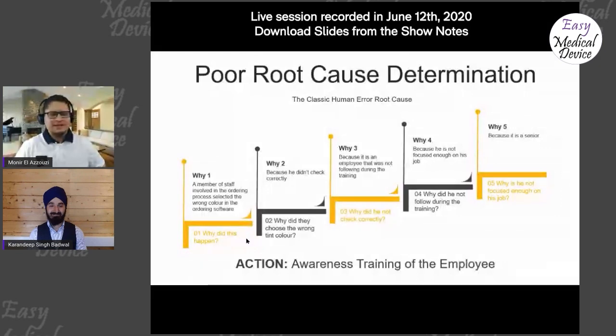So here it's again an action that says this is the fault of the person. She has not done things correctly, so we will do awareness training again for this person. If you have already trained the person once, I don't know why a second time will help. What I try to do is use the human error root cause as the last option possible.